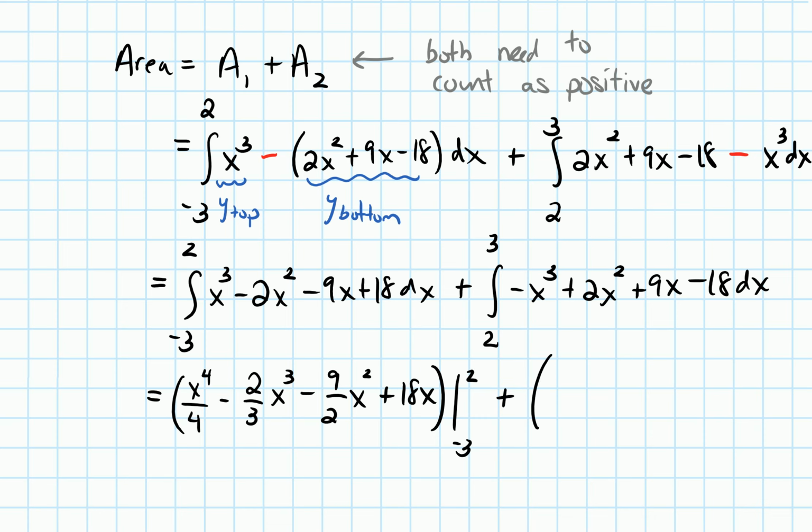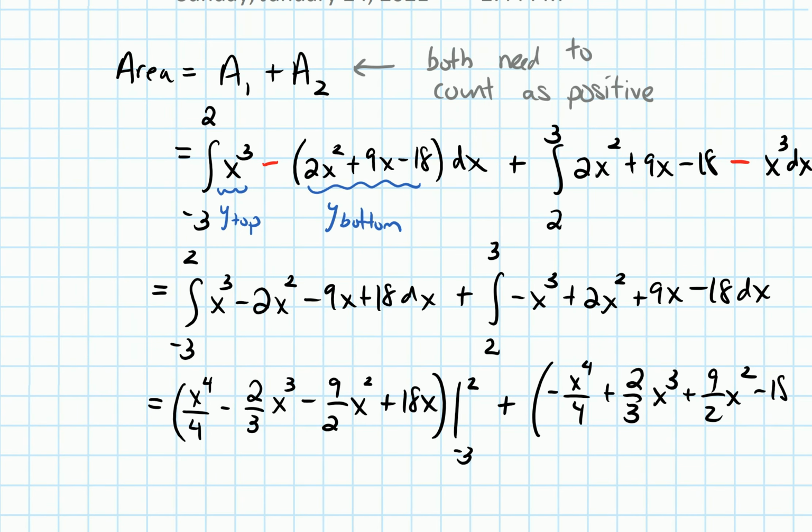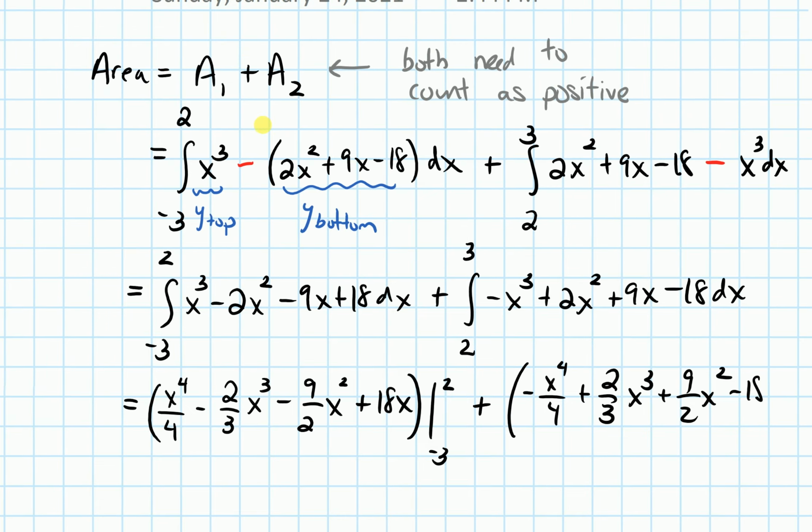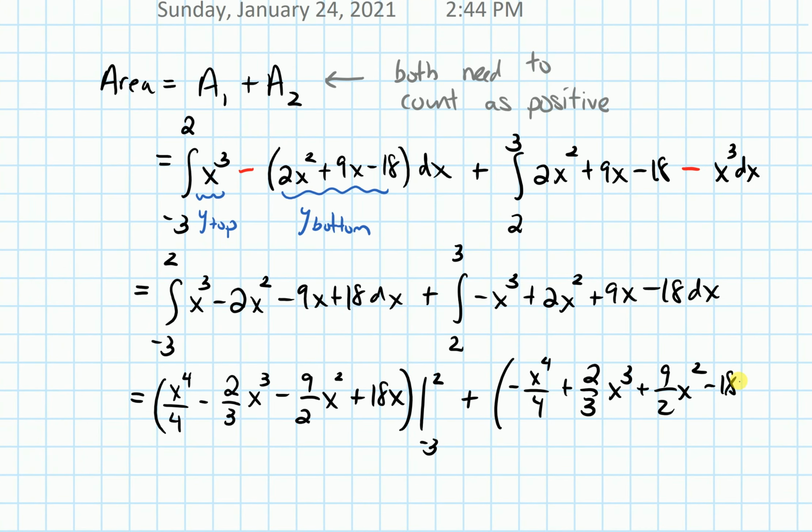The antiderivative of that one's going to be really similar, basically just all the signs are switched: minus x to the 4 over 4 plus 2/3 x cubed plus 9/2 x squared minus 18x. Let's zoom that out a little bit. And I have to plug in 2 and 3.